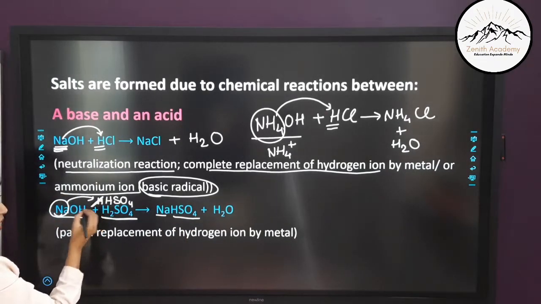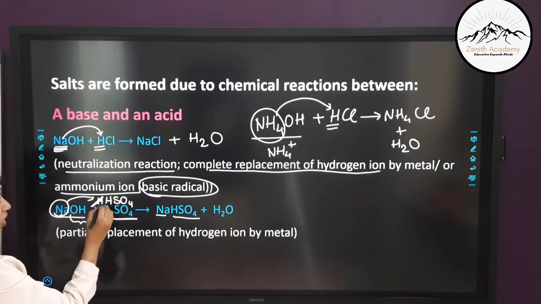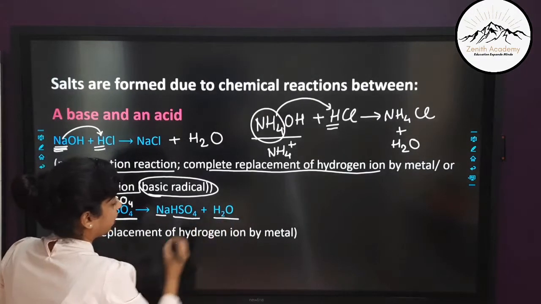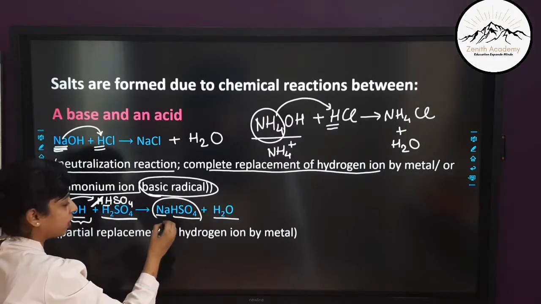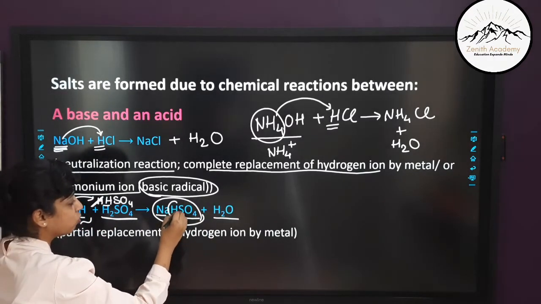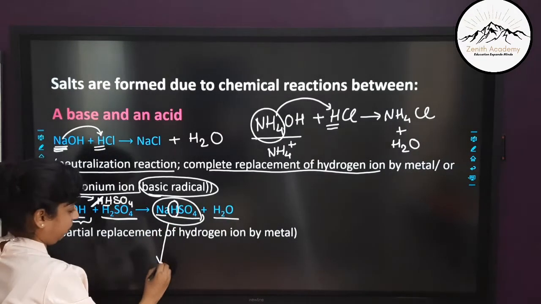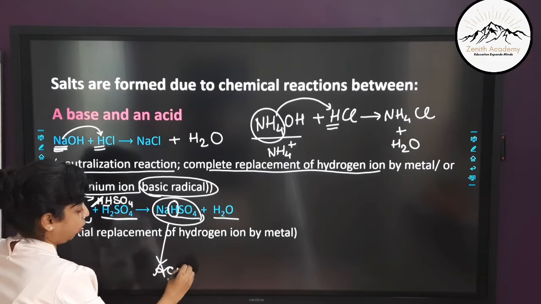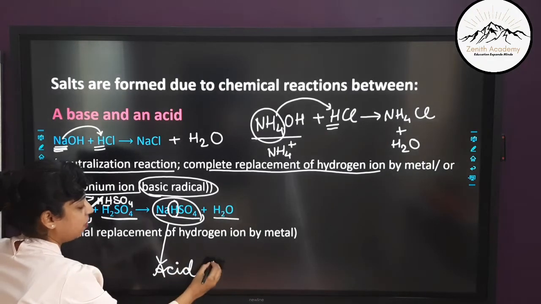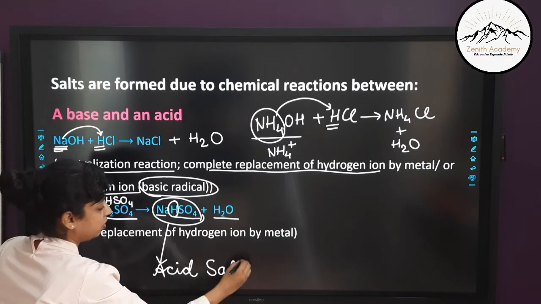Only one hydrogen is replaced. So now we are left with OH and H, so it forms water. This type of salt that we get has an extra hydrogen. That is why it is known as an acidic or acid salt. We will study about acid salt further in our lecture.